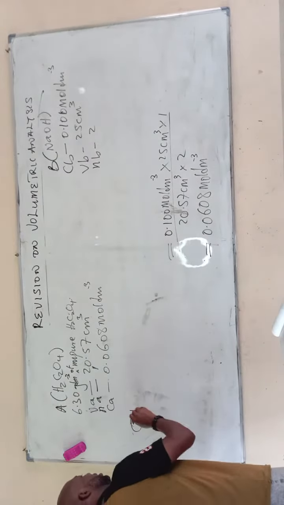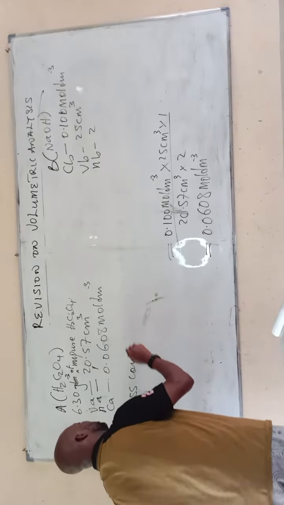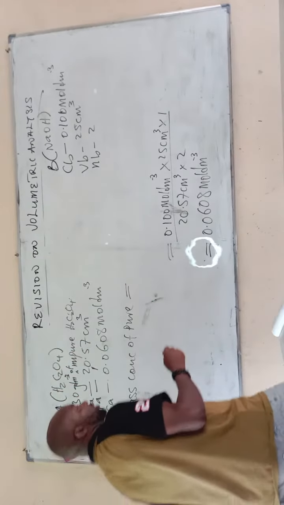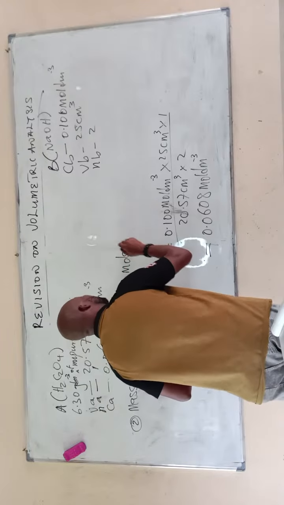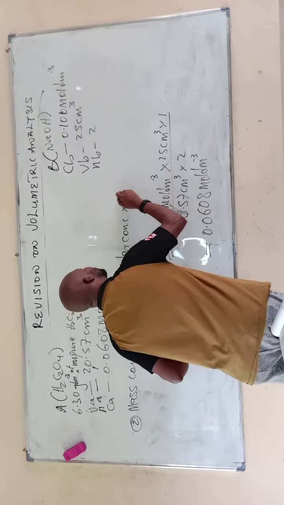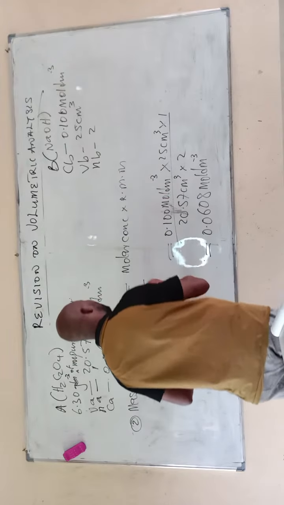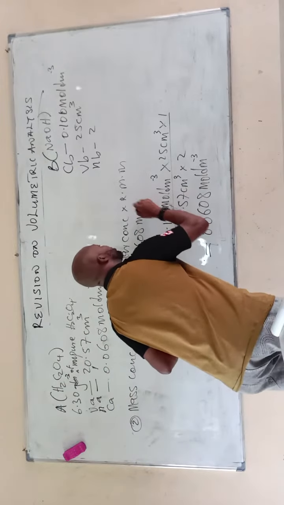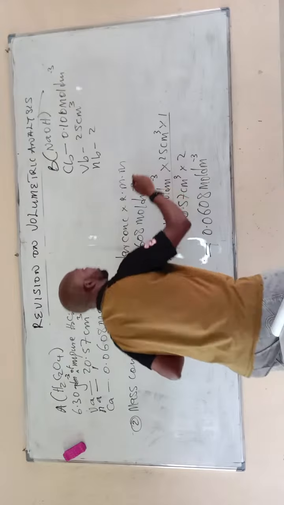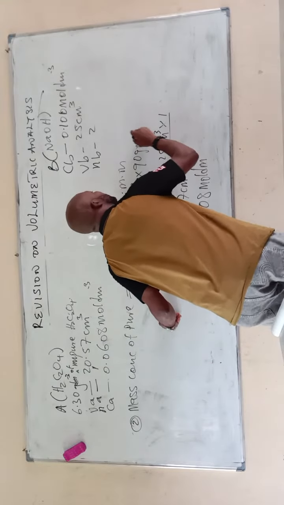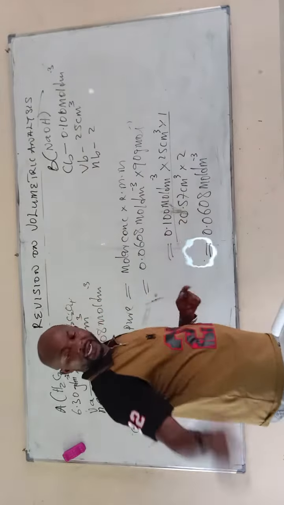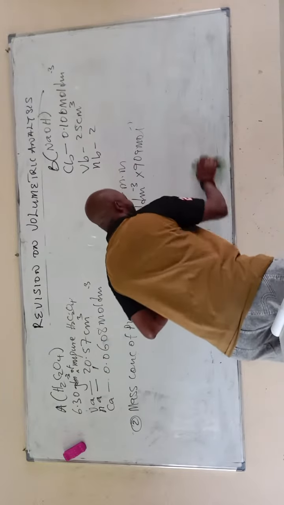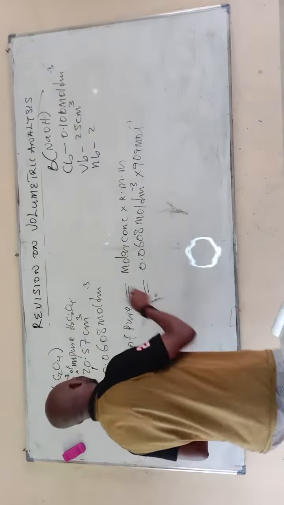Next, mass concentration of pure ethanedioic acid is molar concentration times relative molecular mass. The molar concentration is 0.0608 mole per dm³ times 90 g/mole. How do we get 90? The relative molecular mass of the acid.